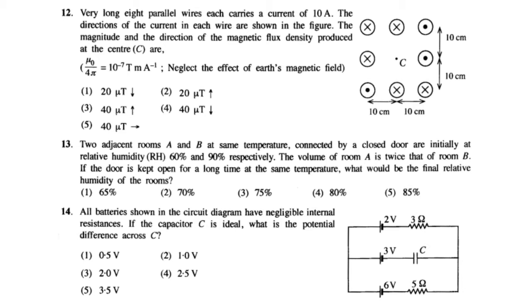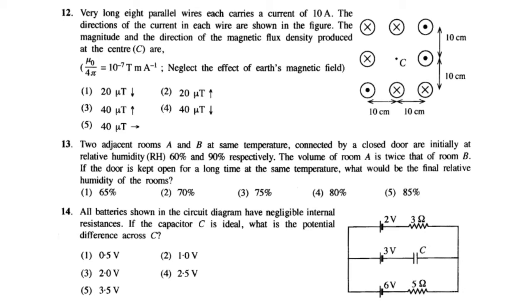So 4 and 5 give the magnetic field at C downwards. So the total magnetic field must be downwards. When you compare the answers, you have 1 and 4 showing downward magnetic field.